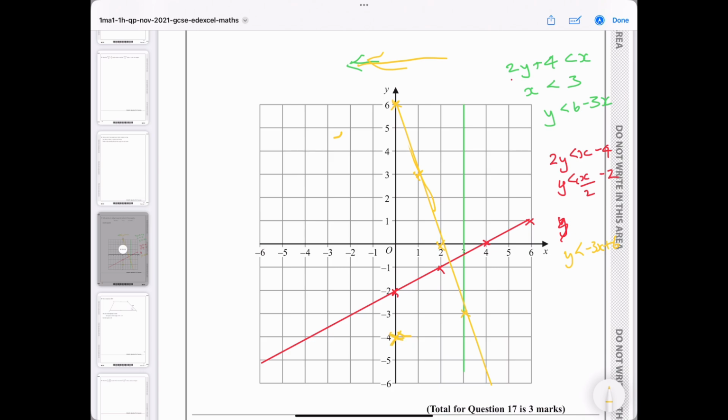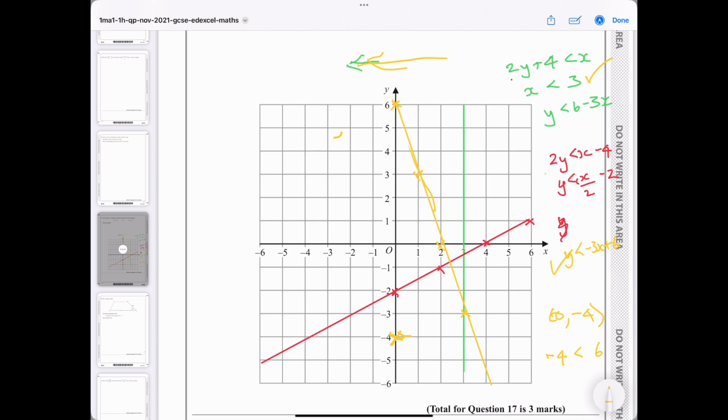So 0 is definitely less than 3, because that's 0. Now this point is 0, minus 4, so minus 4 is less than 6, because that's a 0, that is also fulfilling that one.